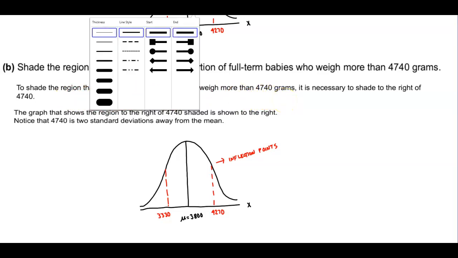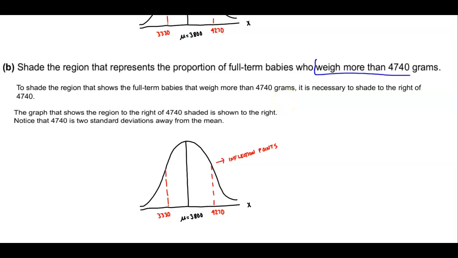Since it says weigh more, we're going to locate a point above 4,270. We can say it's probably somewhere around here. So there, we're going to find 4,740 grams, and then we're going to shade that.